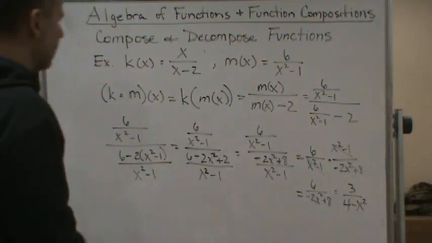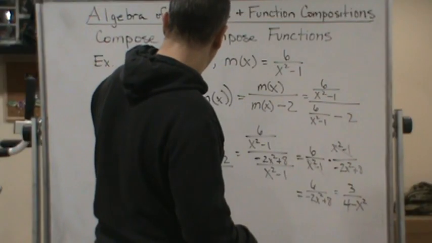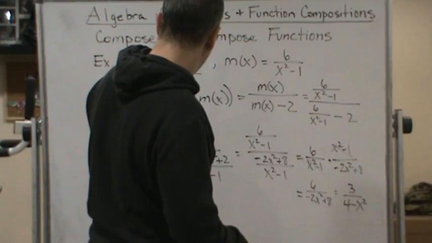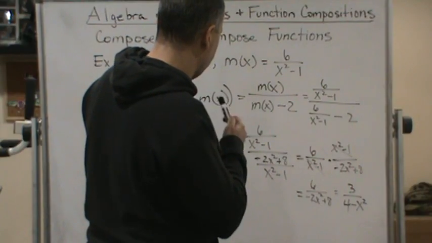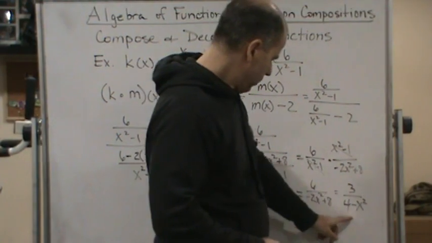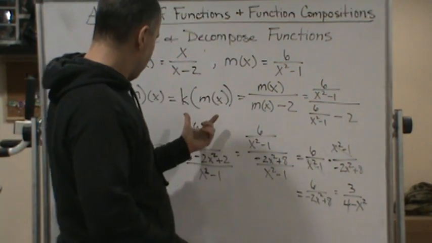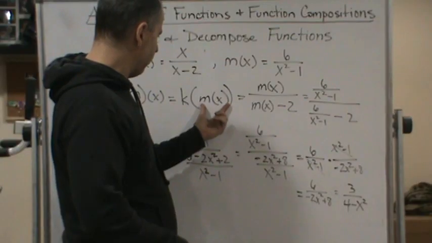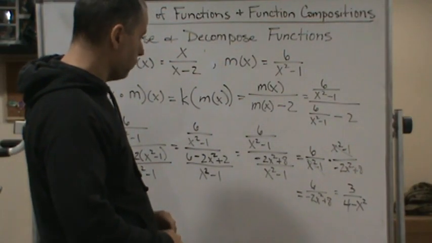So I must have made a mistake when I was looking at the 2, when I was doing this. Because obviously 2 can't be in there, right? But also we can't have negative or positive 1. So we've got 4 restricted values.